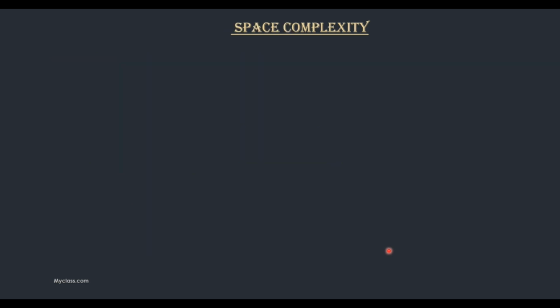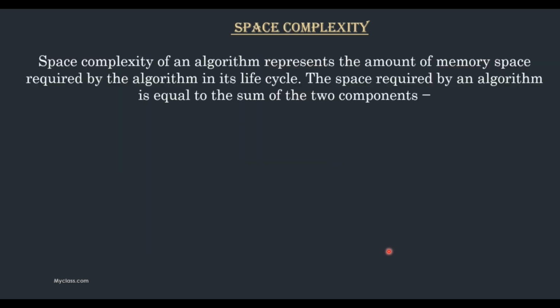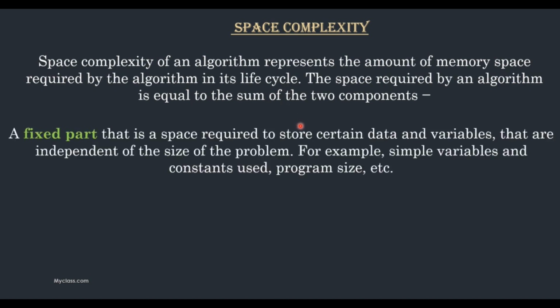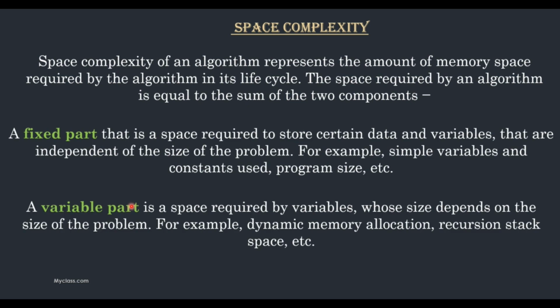Let's go to space complexity. Space complexity of an algorithm represents the amount of memory space required by the algorithm in its life cycle. The space is composed of two components: a fixed part of memory space and a variable part.